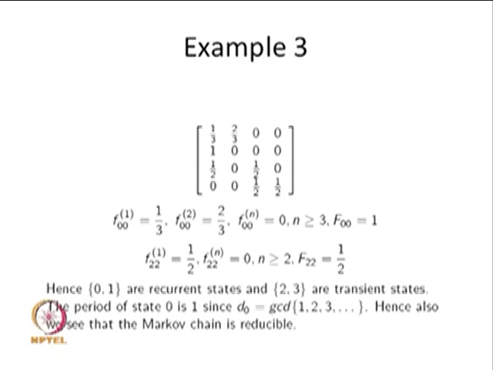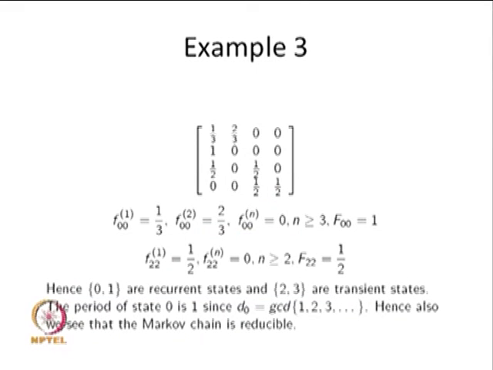You can find the periodicity of these 2 recurrent states also. If you find d0, that is going to be the greatest common divisor of all the steps in which the system can come back if it starts from state 0.